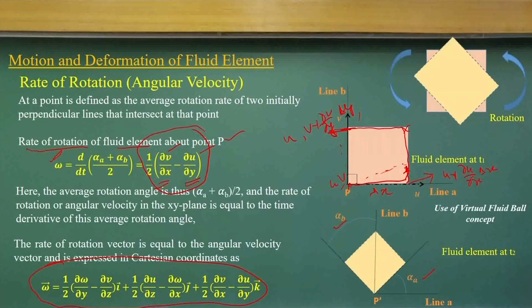It has an x component of rotation, a y component and a z component. This is the complete rotation vector in terms of the velocity gradients in the x, y, z directions. Please try to have a simple relationship to remember it. Whenever you compute the rotation in the y-z plane, you need the scalar gradient components in x and y.